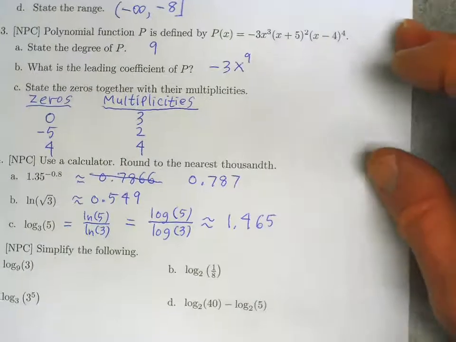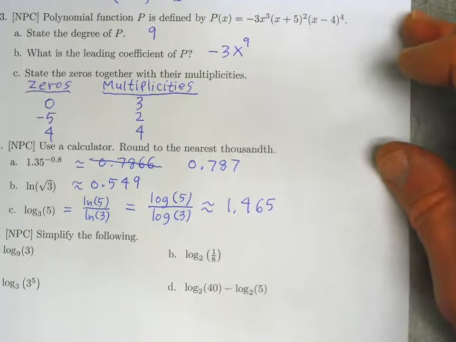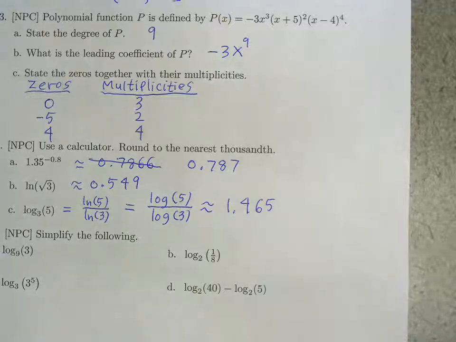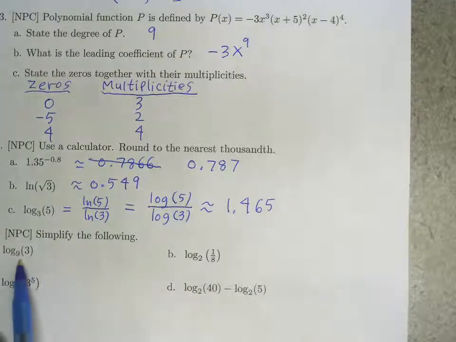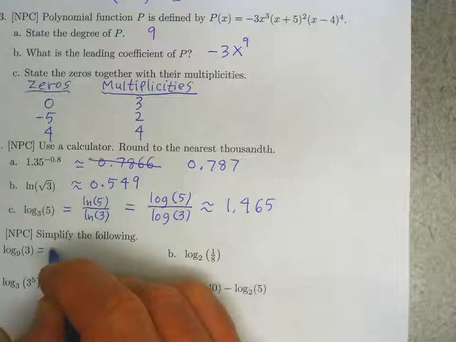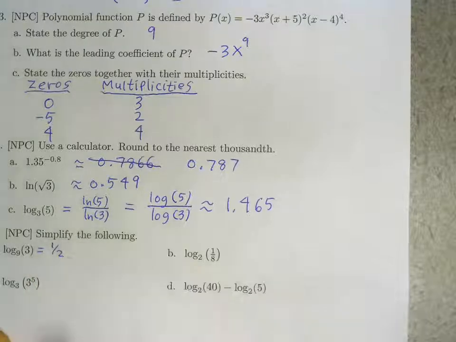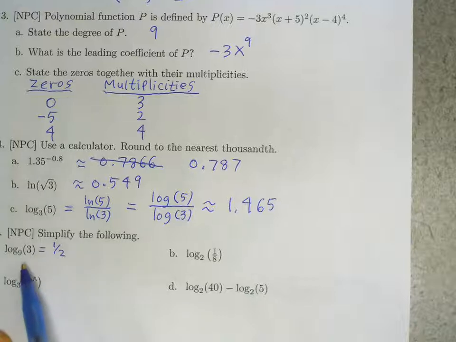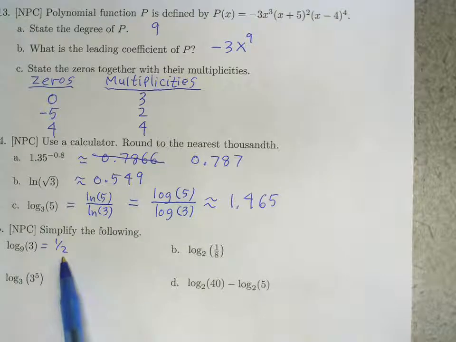Okay, number 15, simplify the following. Log base 9 of 3. Well, with a calculator you can do that, but you don't need a calculator for this one. Log base 9 of 3 is equal to 1/2, because 9 to the 1/2 is 3. 9 to the 1/2 is just the square root of 9.